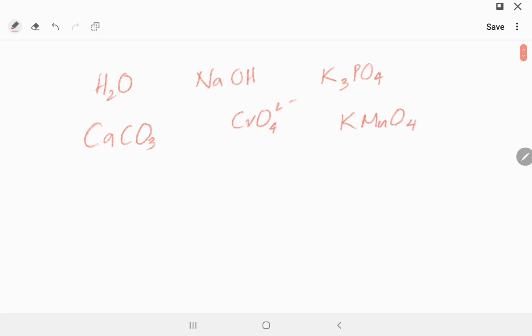All these chemical compounds have oxygen in them, and the oxidation number of each of these oxygens is going to be what? Each of these oxygens is going to be minus 2.